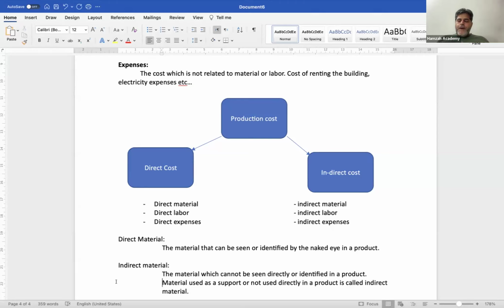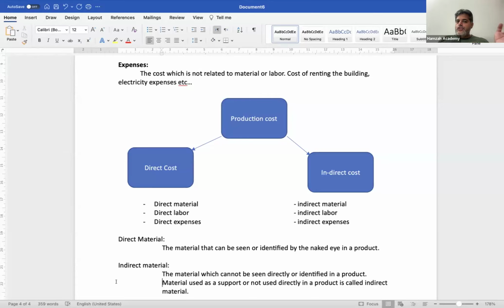Apart from that, we have the indirect material as well. Now, let's just talk about the indirect material. The cloth which is over there has been stitched as well, so you have used thread in the stitching. The thread and its cost is the indirect material.